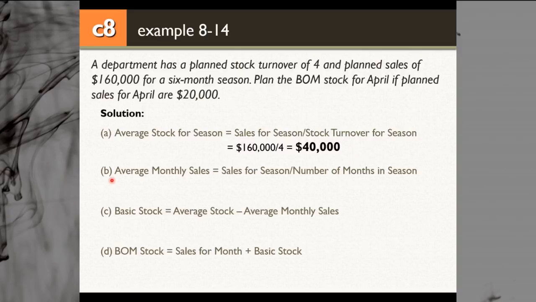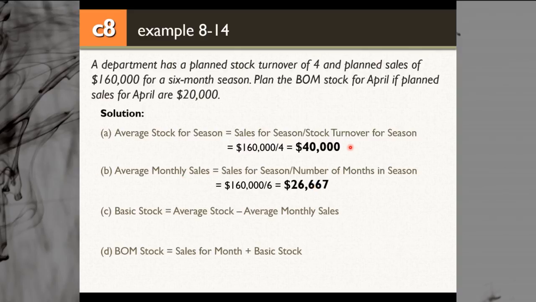Now let's look at your average monthly sales. It's sales for the season divided by the number of months in the season. For the season, you have 6 months, so sales for the season divided by 6 months gives you 26,667 as your average monthly sales.